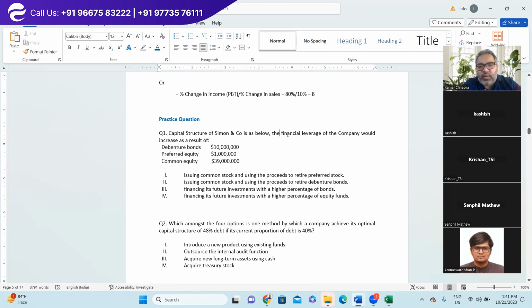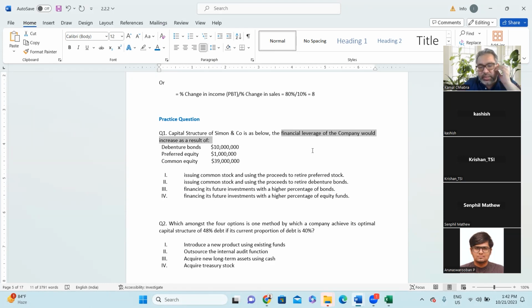So which one will increase the financial leverage? That is something you need to keep in mind. Always make sure you understand the question properly, and more importantly, what is the call of the question, right? Most of the time students understand the question but they miss out the call of the question.